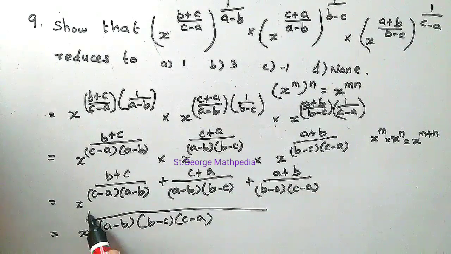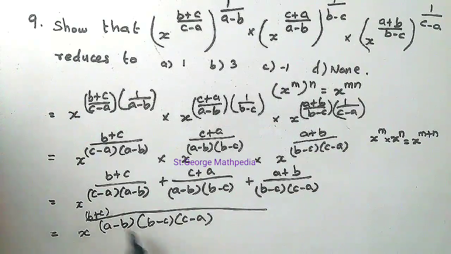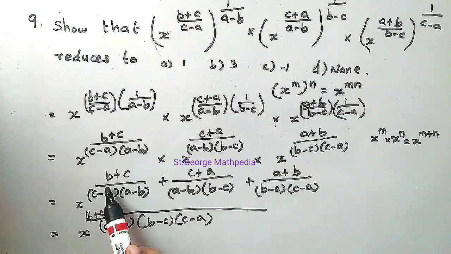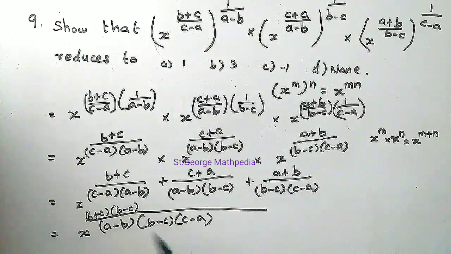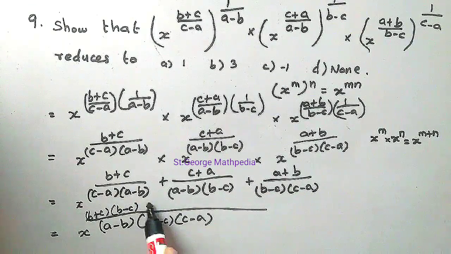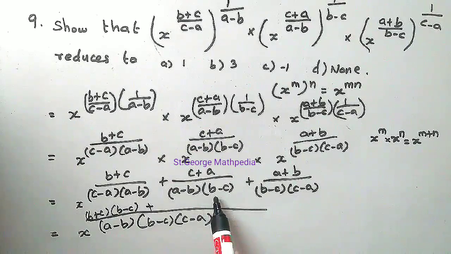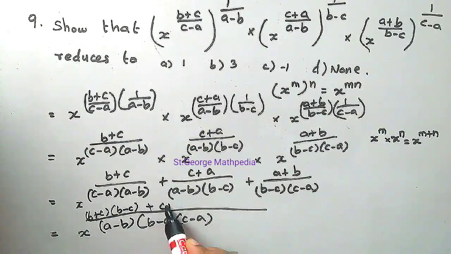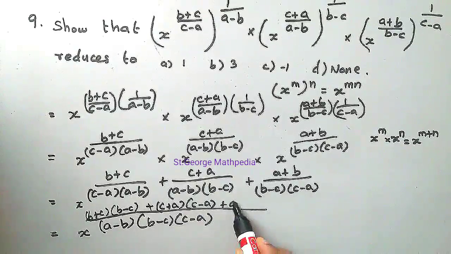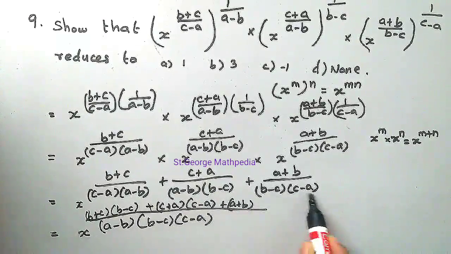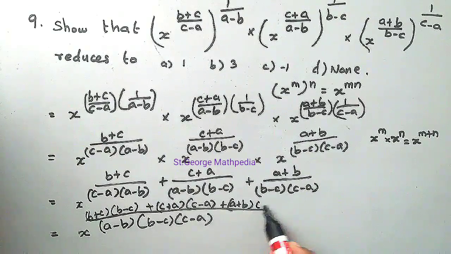On the numerator you will have (b+c), and to get the same LCM term, the missing term is (b-c), so just multiply the numerator by (b-c). Plus here the missing term is (c-a), so multiply (c+a) by (c-a). Plus here it is (a+b), and the missing term is (a-b), so multiply by (a-b).